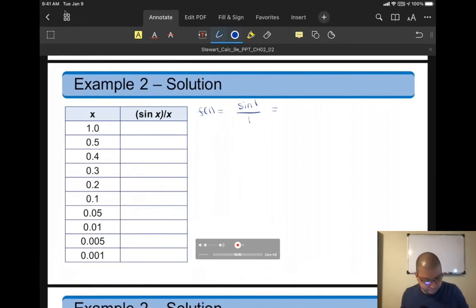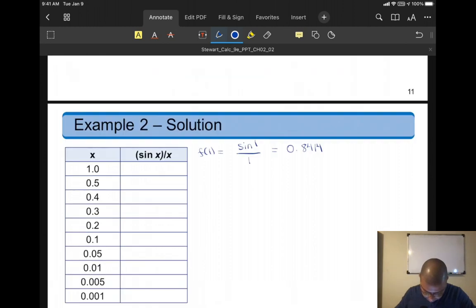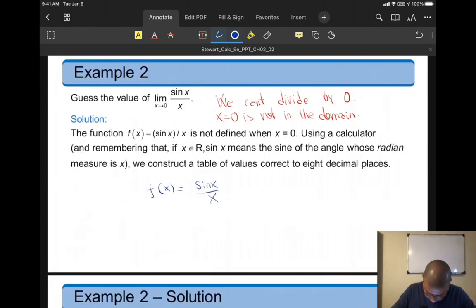So I'm doing sine of 1 divided by 1, which does nothing to it. 0.84147098. How many decimal places do they want? Let's say 8 decimal places. So like I said, it's going to be a bit boring.